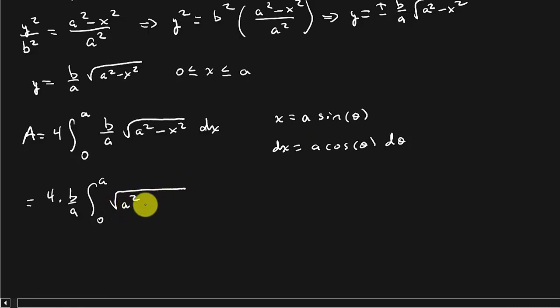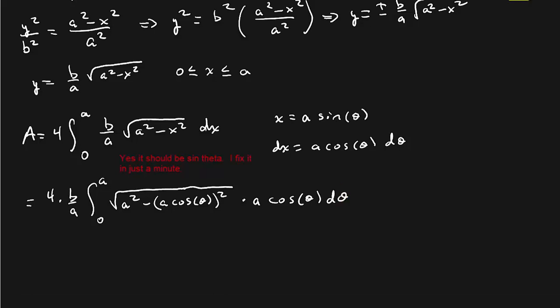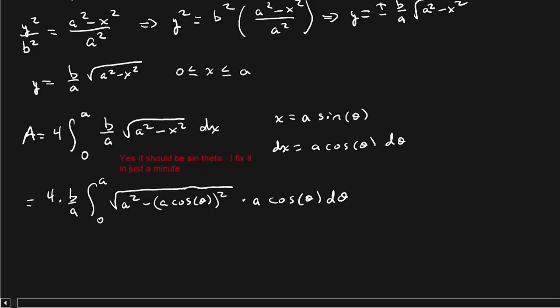And let's make our substitution: the square root of a squared minus a sine theta squared, times a cosine theta d theta. All right, I'm sorry, that should be sine theta.